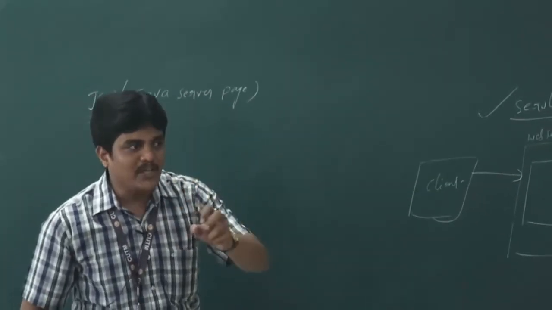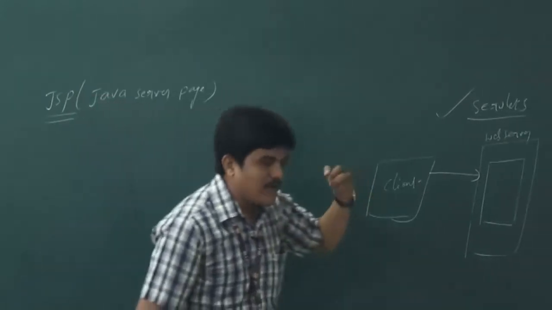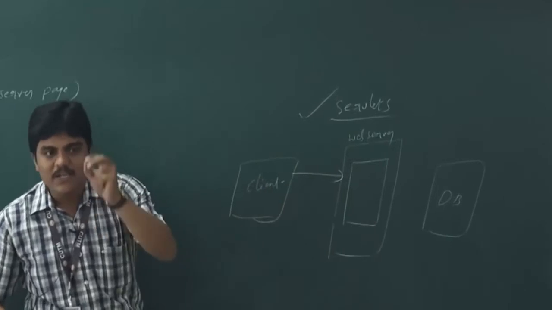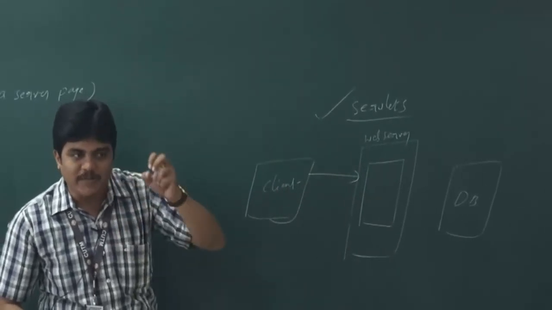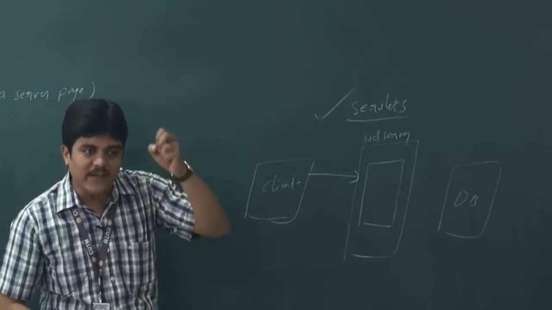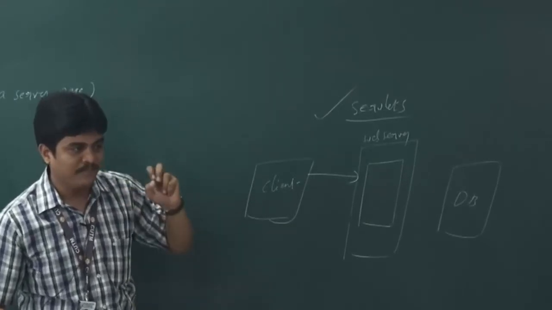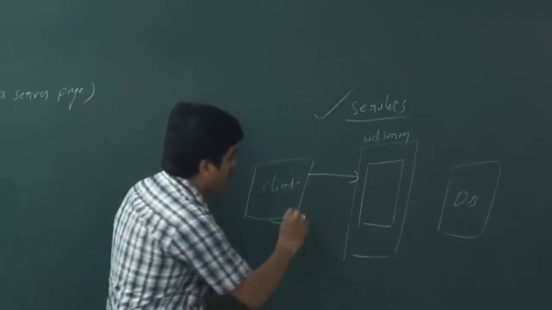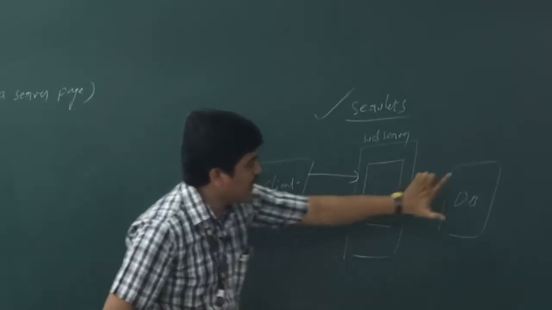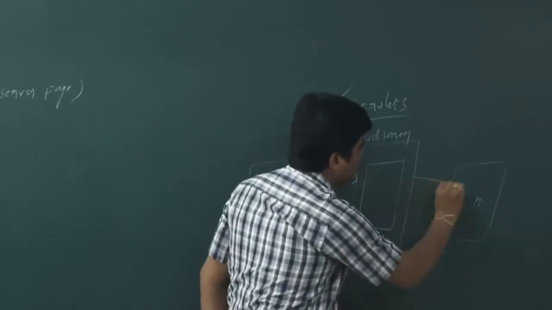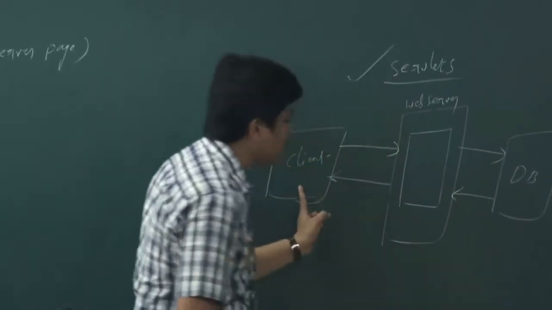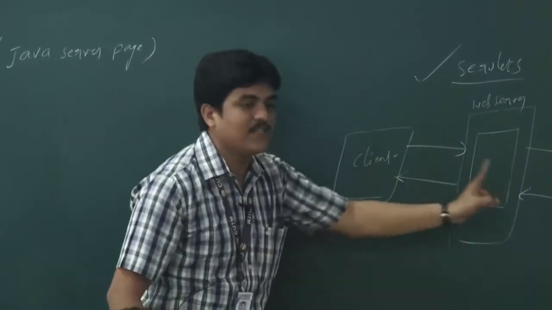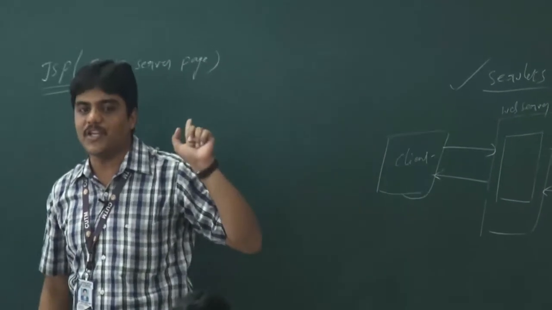Then the servlet engine, that is the servlet container, generates the response for the particular content. The same response is transferred to the client. If there is a database, it sends the request and gets the response from the database to the client. So this is the basic interaction between client and server using a servlet application.